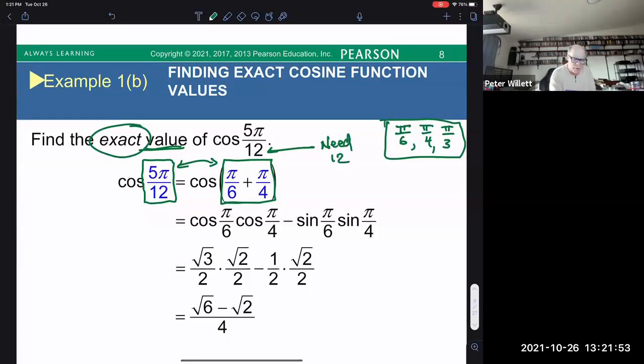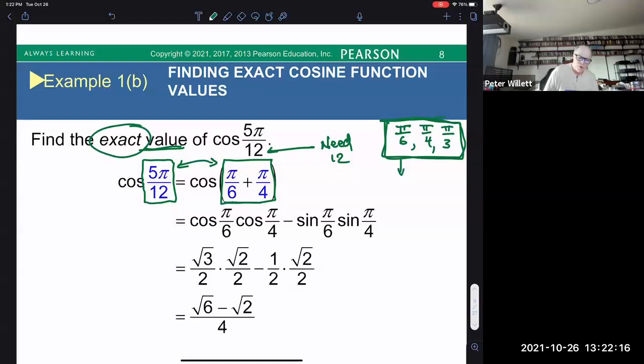And I know that these three angles I know exact values for. So if you want to see how you could get 5 pi over 12 with a sum or difference, I would recommend you convert all three of the angles that you already know the exact values for to all have denominators of 12.